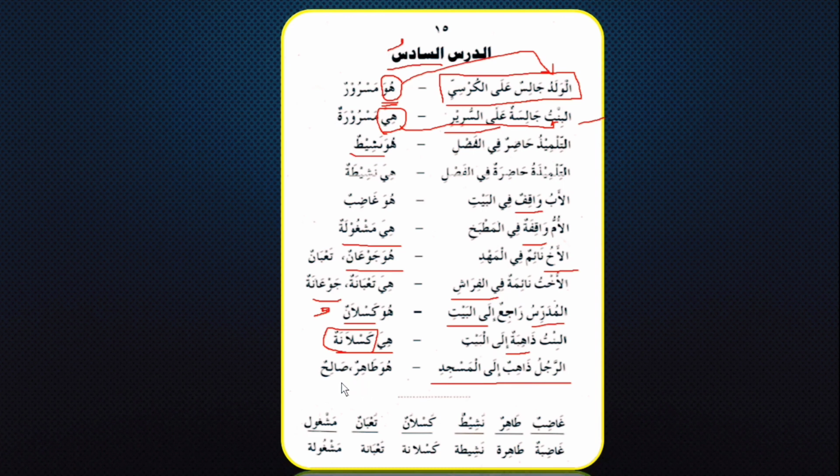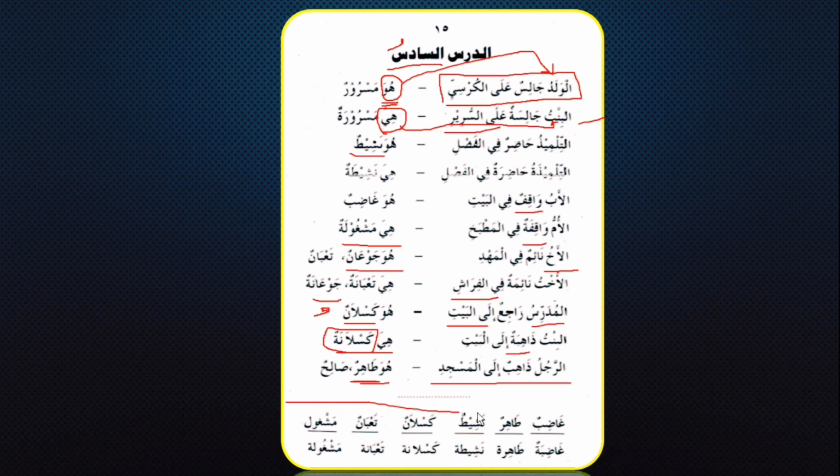Huwa tahirun, huwa salihun. He is chaste, he is pious. We can also translate tahirun as a person in the state of ablution, because he is going to the masjid, he is tahir, he has had the ablution. He is in the state of ablution.